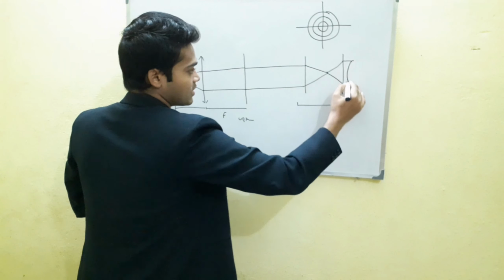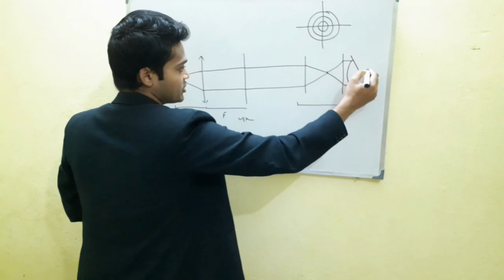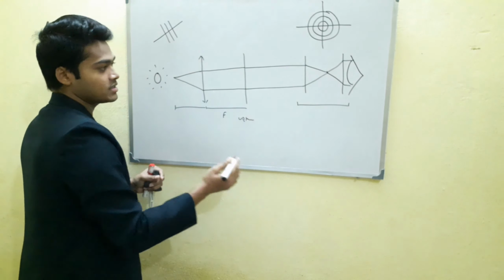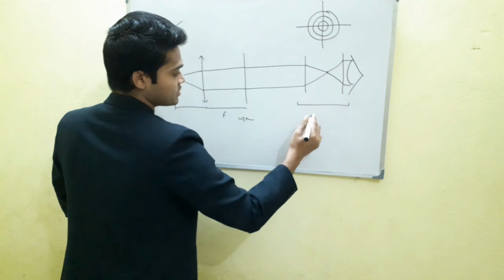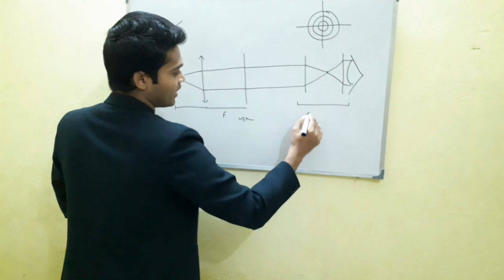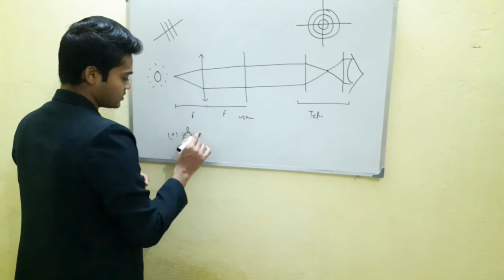Now this is basically the eyepiece of the examiner, and both lenses act like a telescope. One wheel is also incorporated here, which helps us find out how much power is present in the prescribed lens which we got from the patient's side. Here is the plus and here the minus sign.